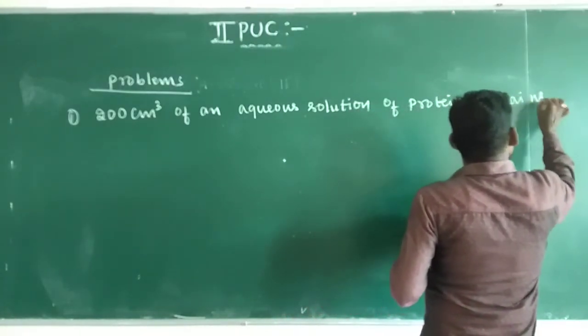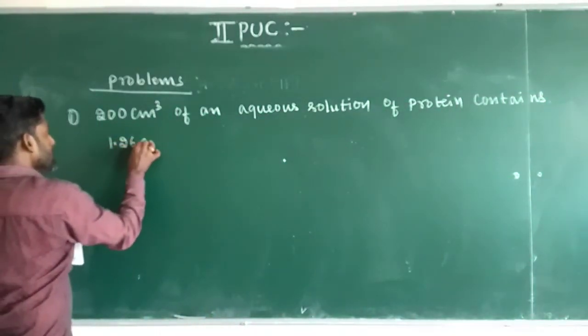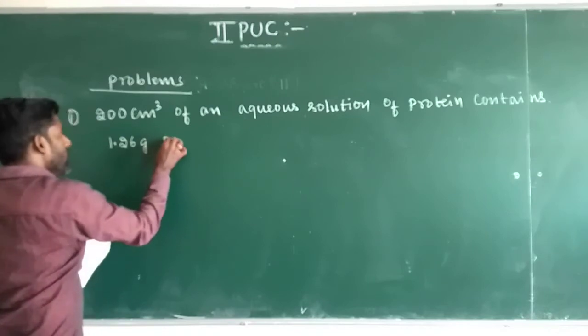200 cm cube of an aqueous solution of protein contains 1.26 gram of protein.